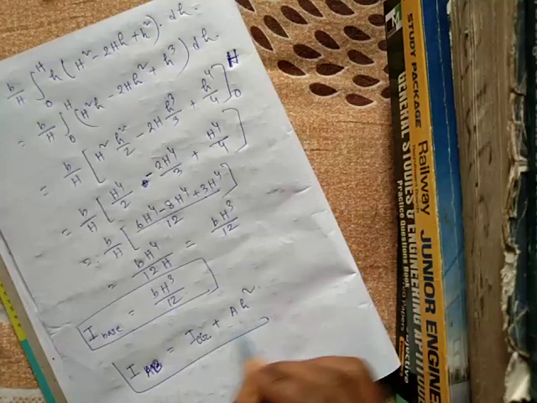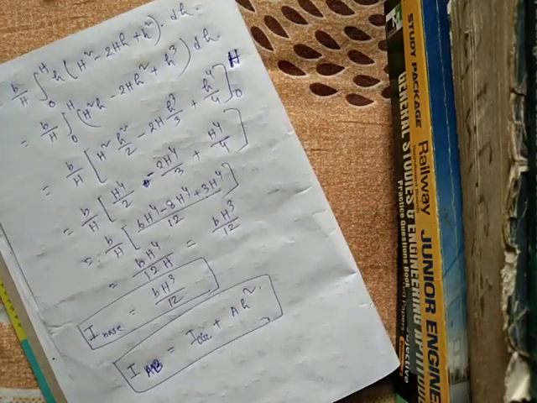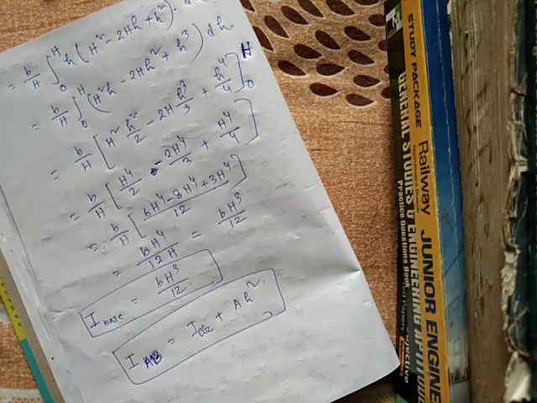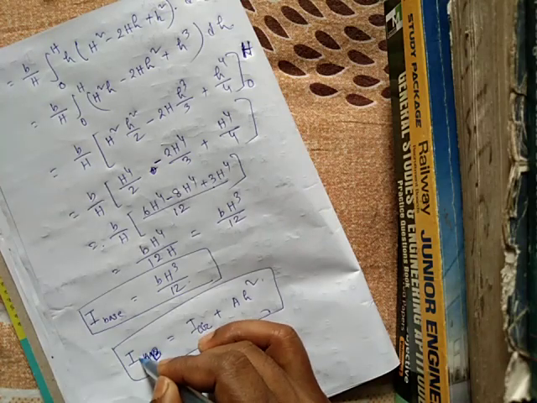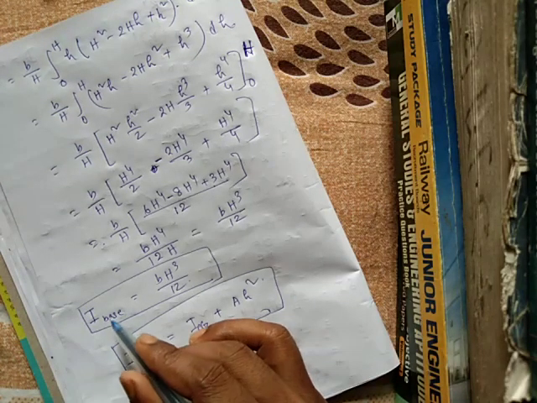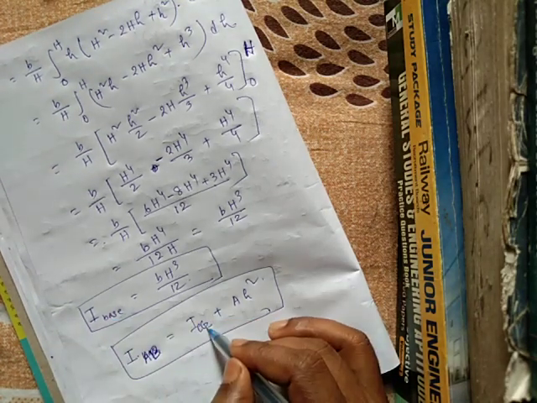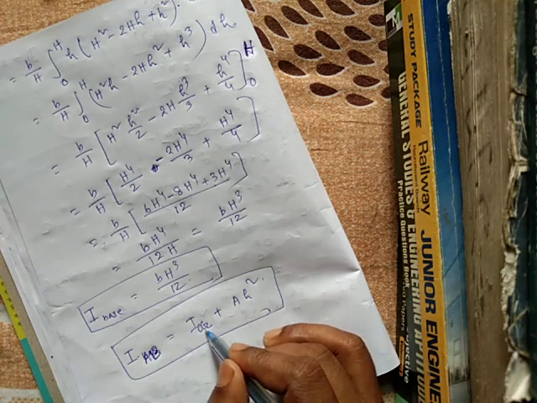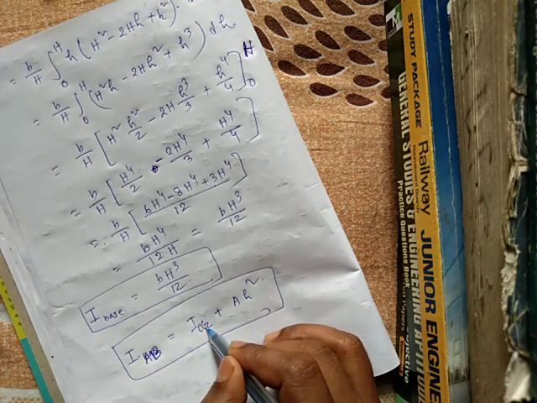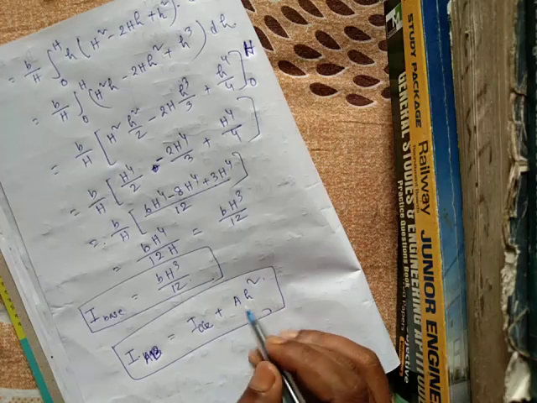We know this formula from the parallel axis theorem. This is the moment of inertia of the triangle about the base. Let me consider the moment of inertia about the CG of the triangle.